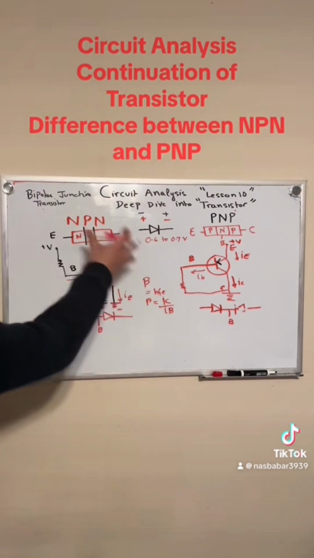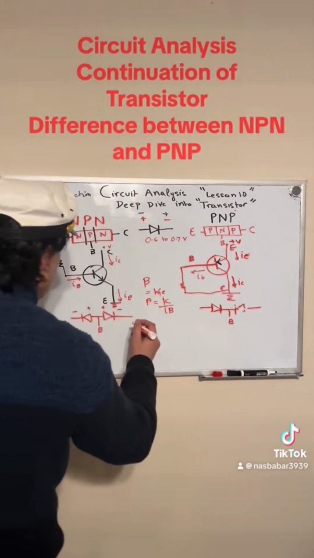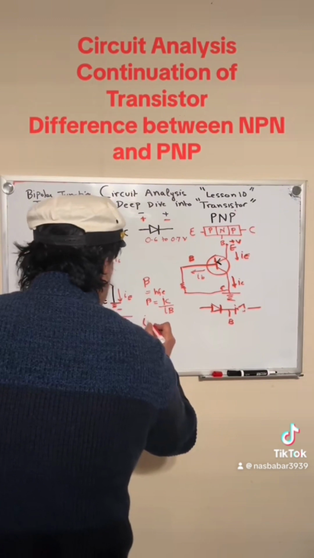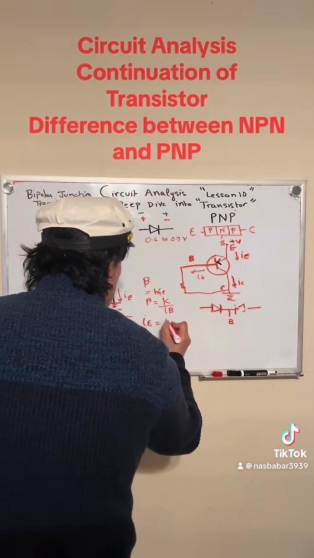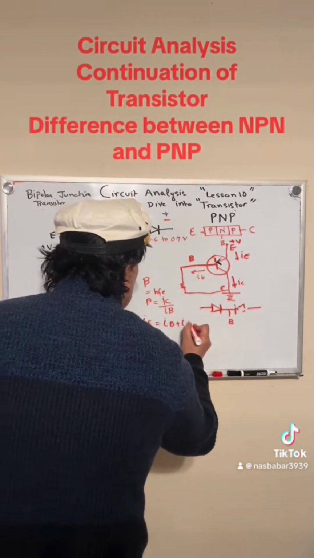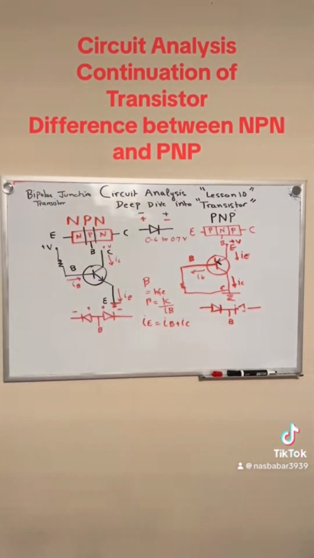And then also for both equations, this is true. We can write something like this. We can say I sub E is equal to I sub B plus I sub C, right? We can write that also.